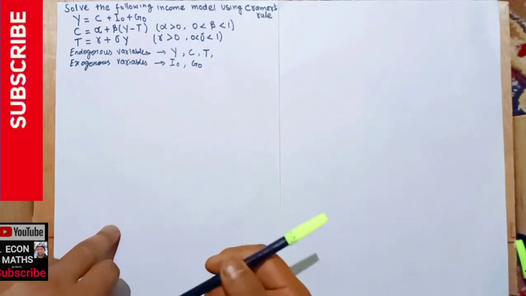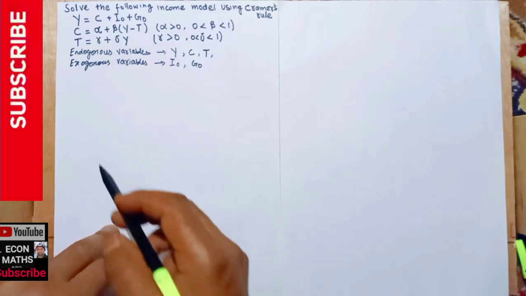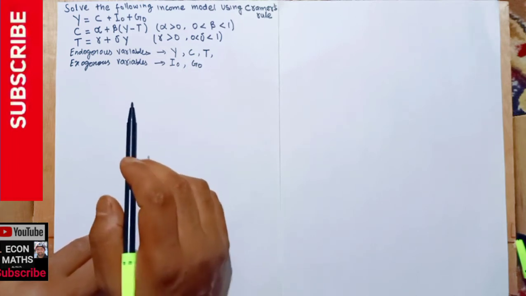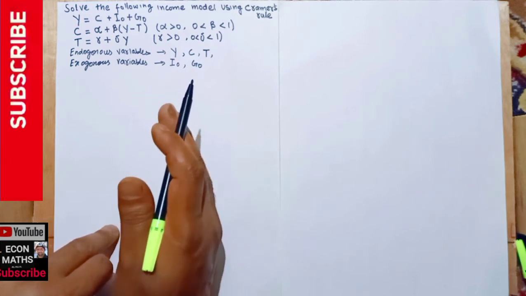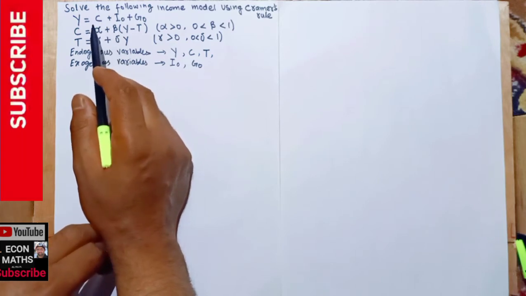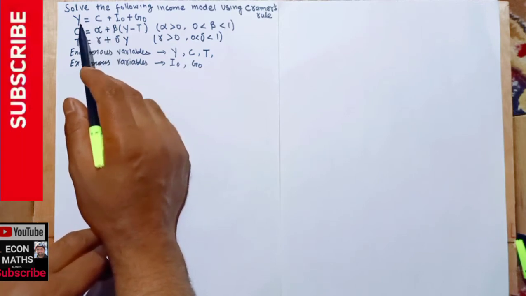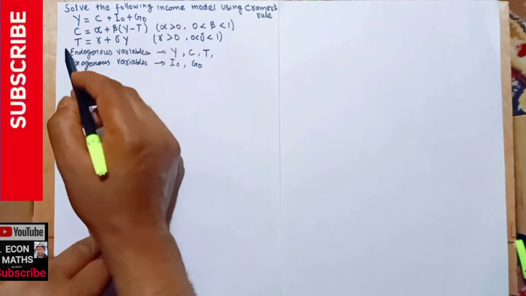Now we will solve this using Cramer's rule. First of all, we will make sure that the endogenous variables are on the left hand side, that is, on LHS, and the exogenous variables are on RHS.